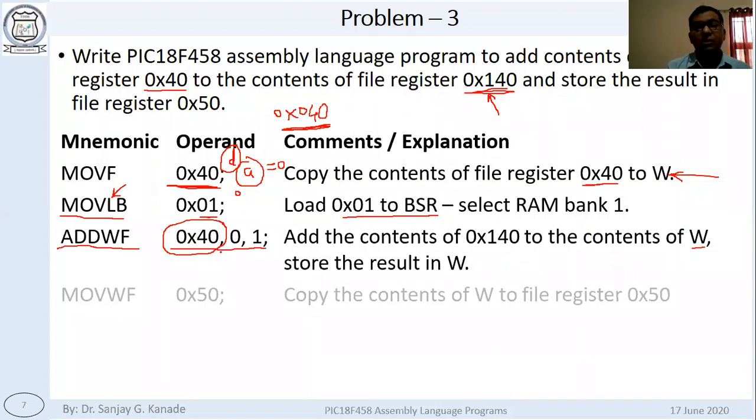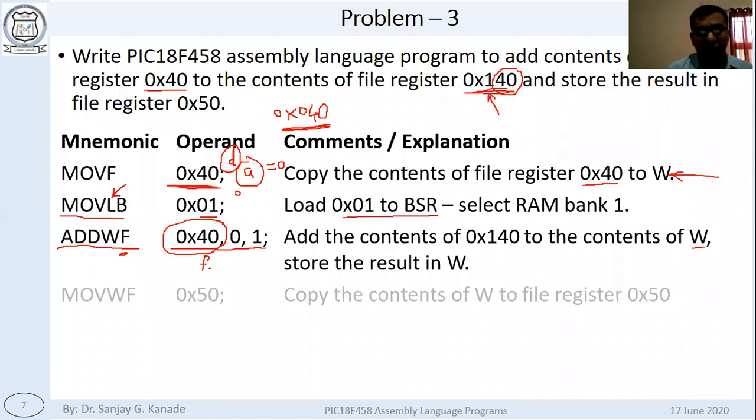Whenever we write F, it is always only 8 bits. Those 8 bits are the lower 8 bits of the file register address from here.